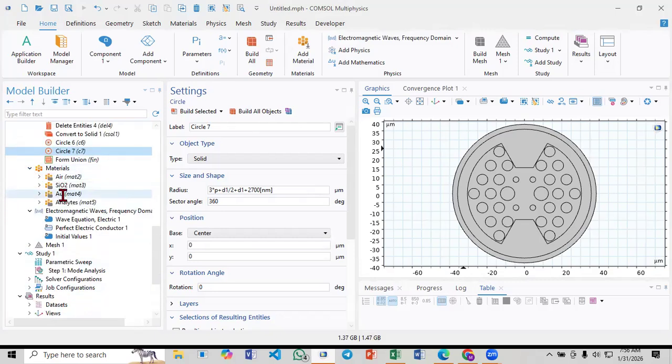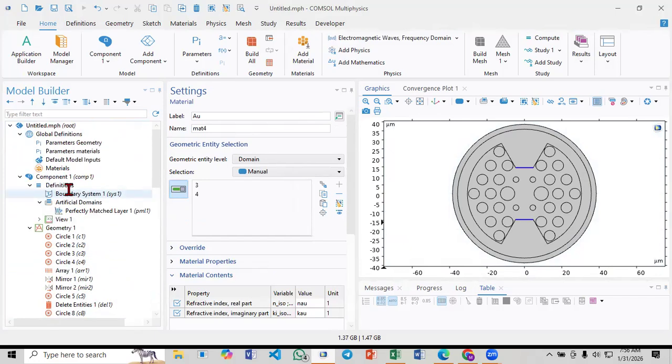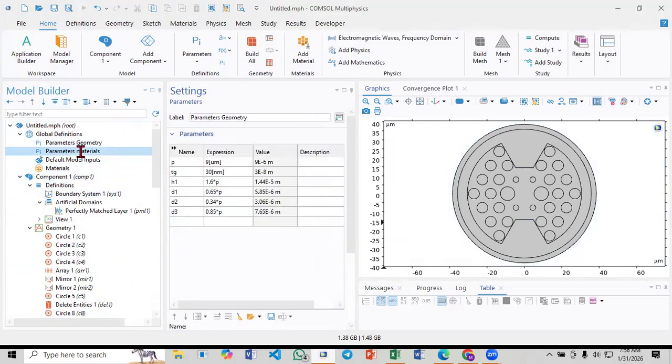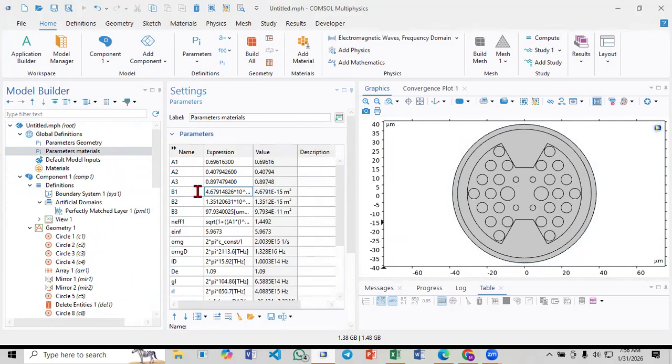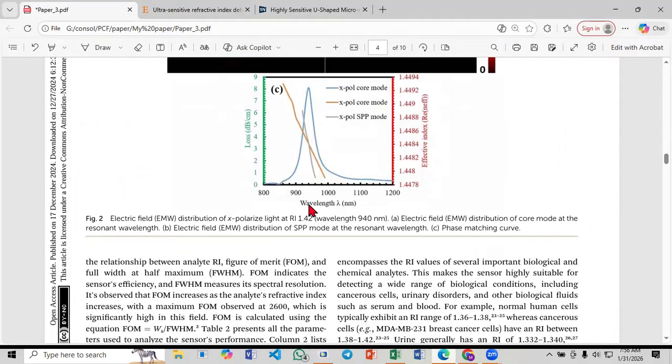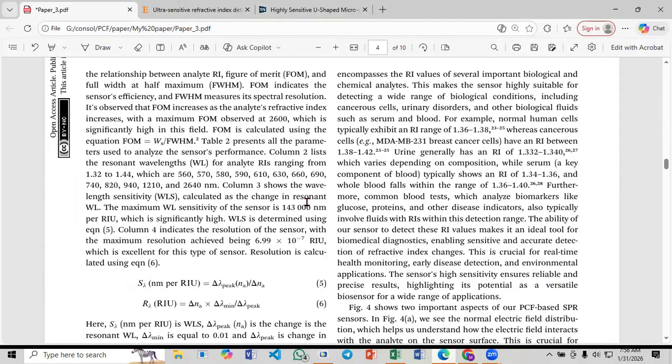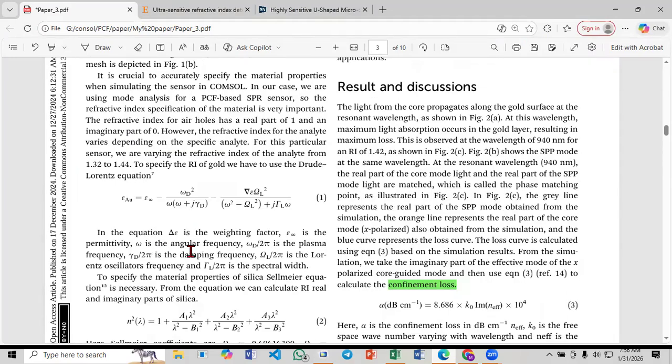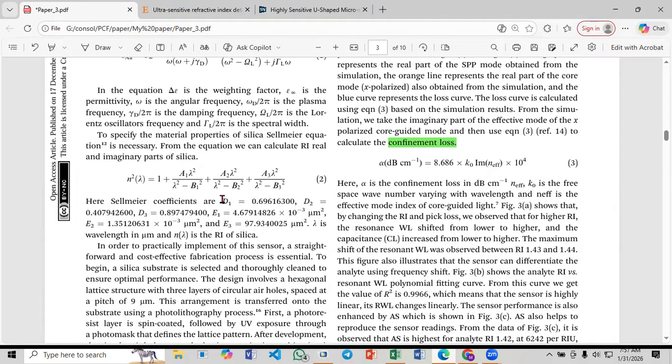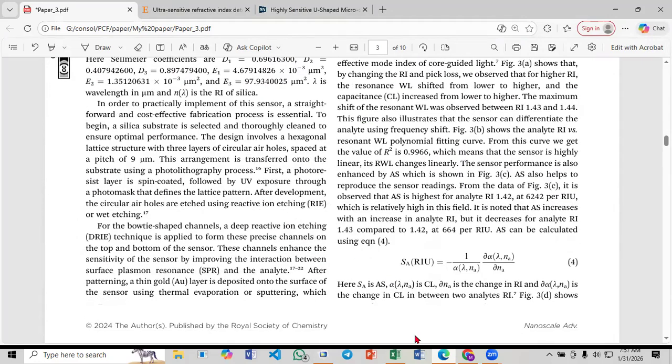Another thing you can take actually for gold, I chose from my previous data, but in the paper they provide this data. You can export this data to your model.